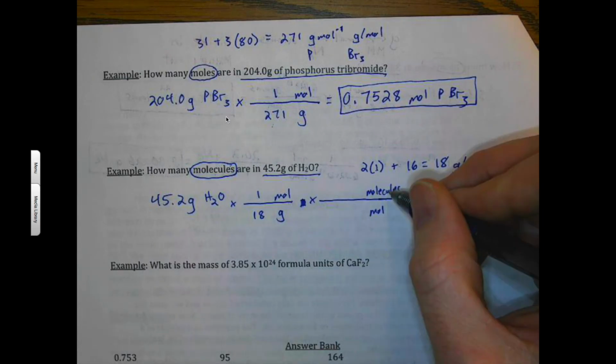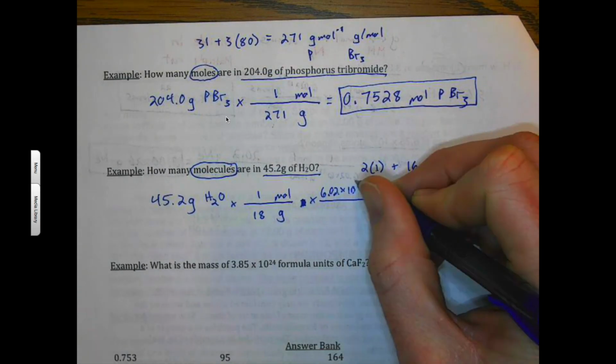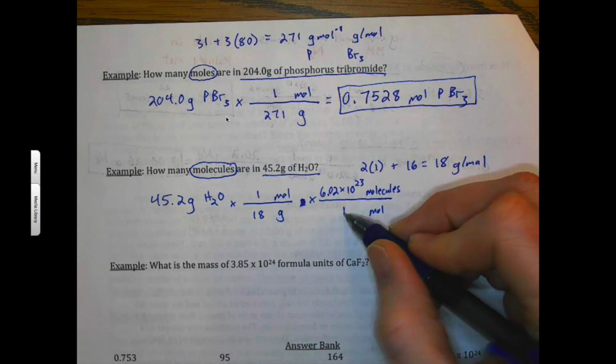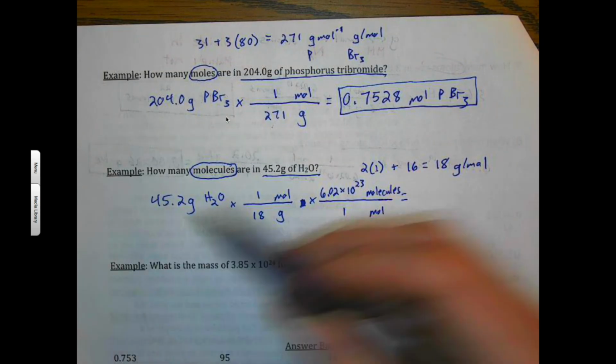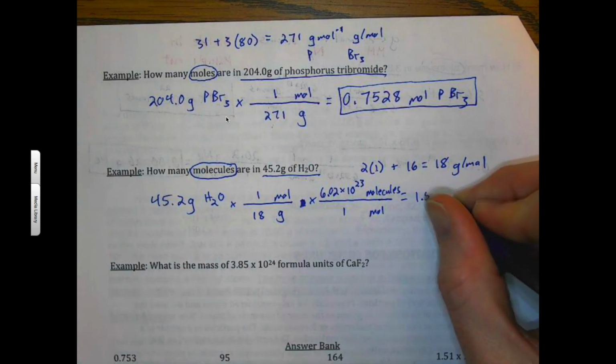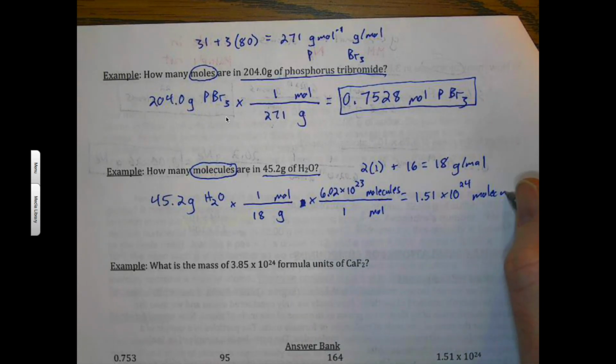So it could be atoms, it could be molecules, it could be elephants. Who cares? So we're going to put Avogadro's number there. And so now that's going to be 1.51 times 10 to the 24th molecules. That's a lot of molecules.